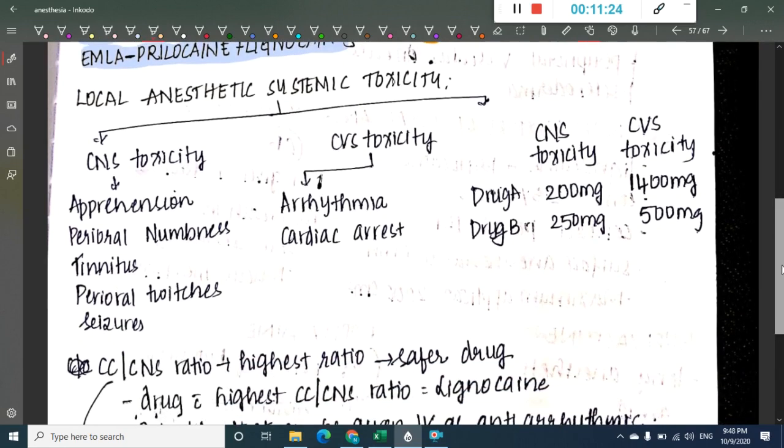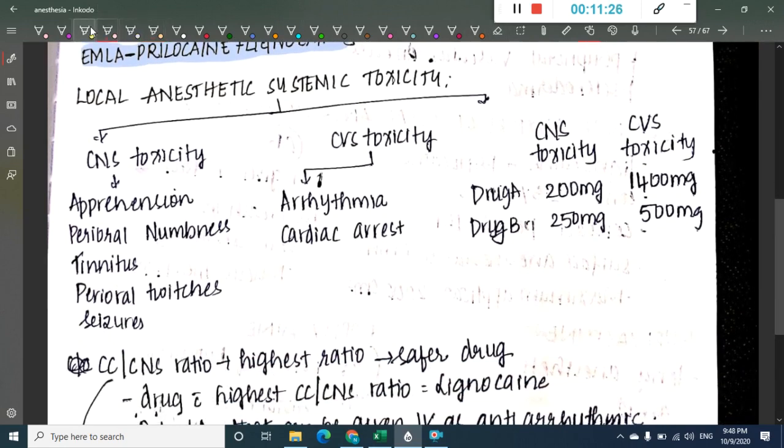Then we have local anesthetic systemic toxicity. What is important about it? It has the following types: CNS toxicity and CVS toxicity.